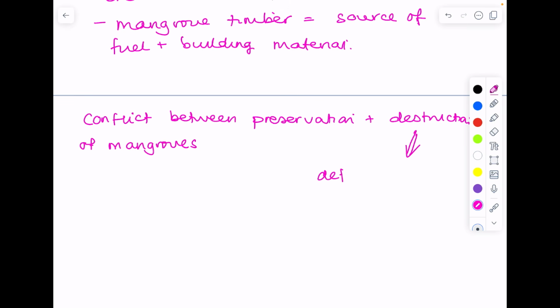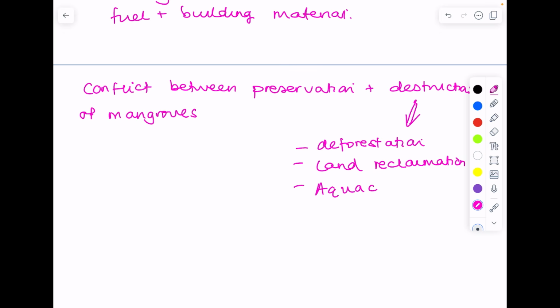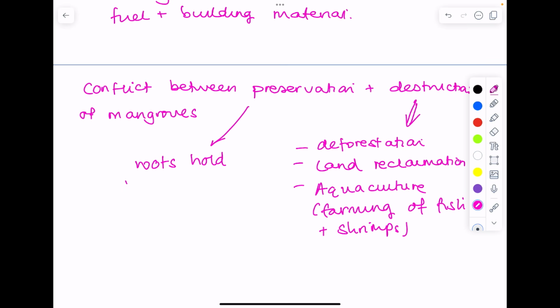I've already mentioned deforestation, land reclamation, and even aquaculture, which is the farming of fish and shrimps. So the roots hold down silt, and the mangroves provide protection for low-lying land against storm surges.